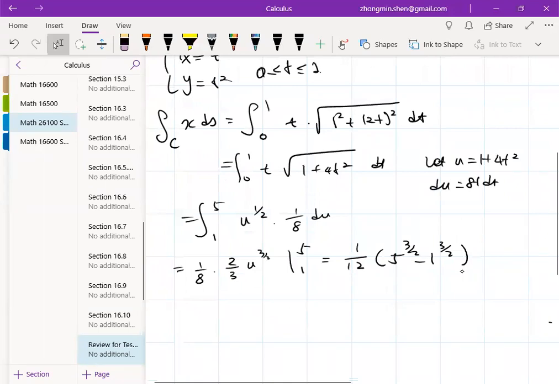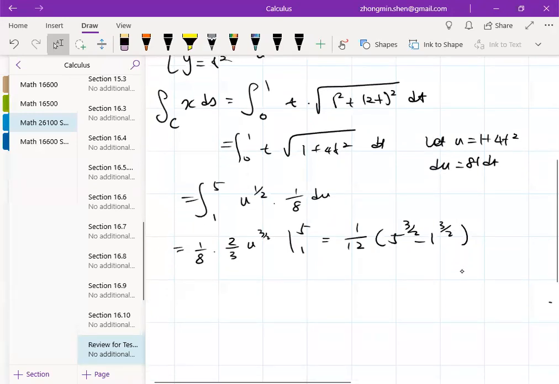This is called a line integral. Sometimes the line integral, you can even apply Stokes' theorem.